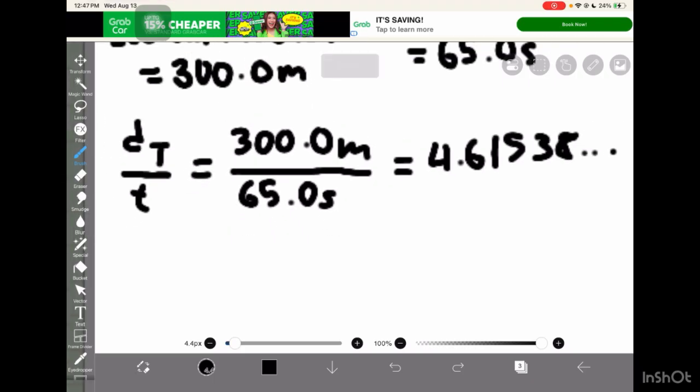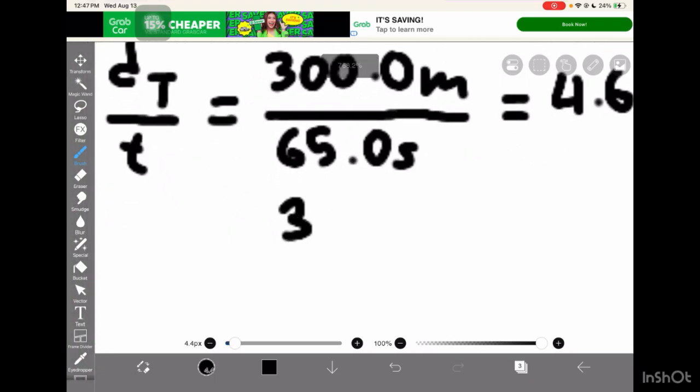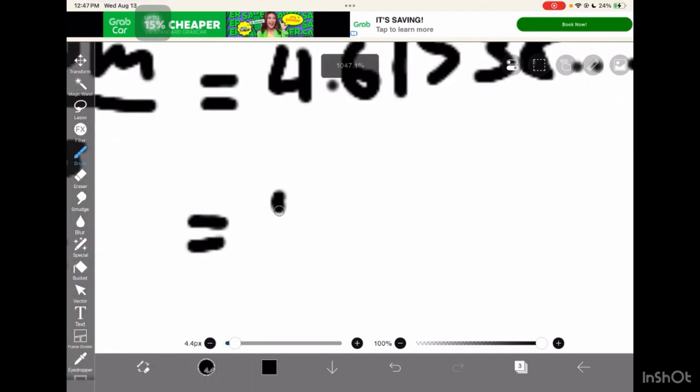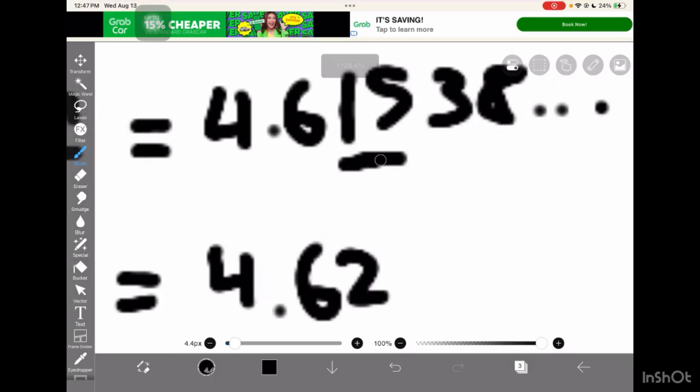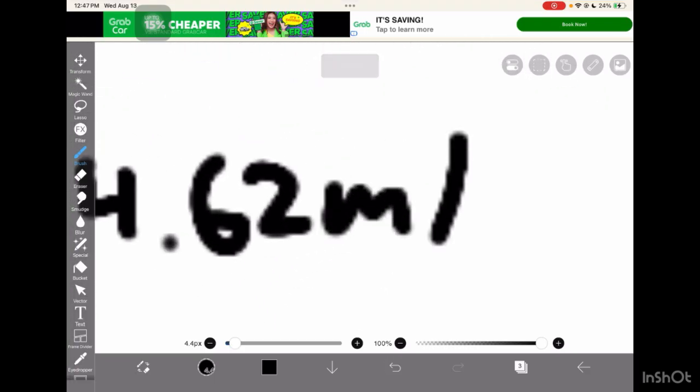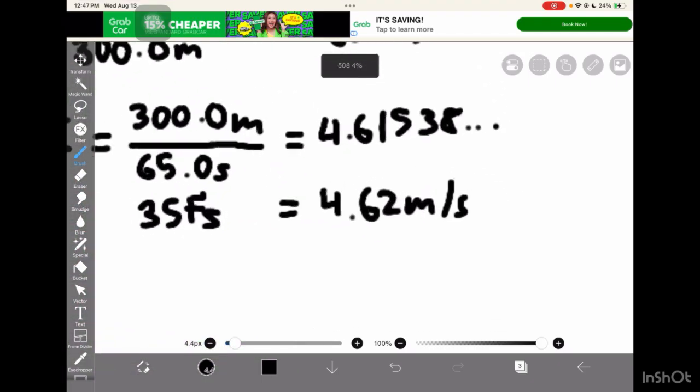That means we need to follow 3 SFs because it's the lowest amount of SFs. So that's equal to 4.62 because this is a 5, so we round up this digit over here. Then we add meters per second. So that's our speed.